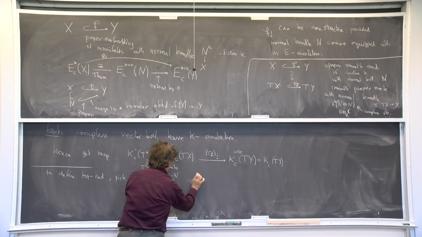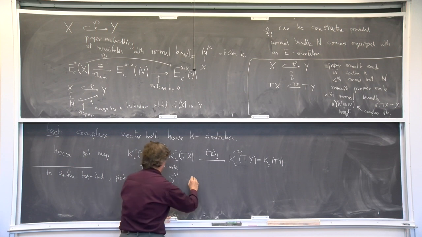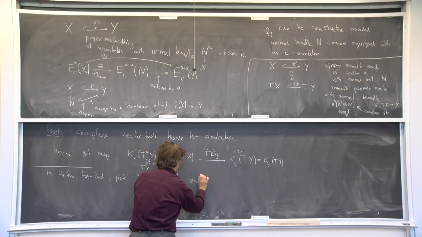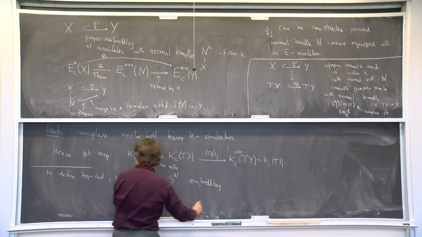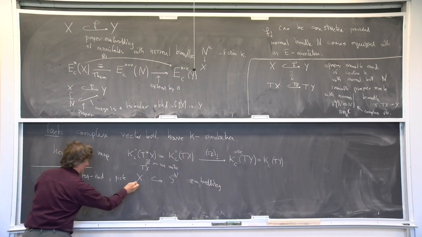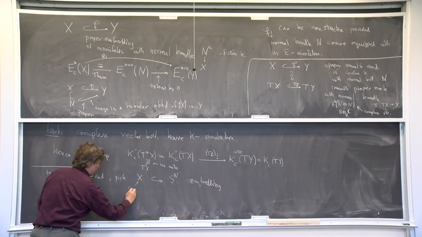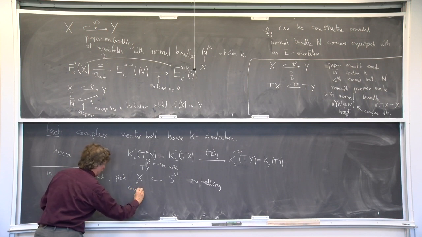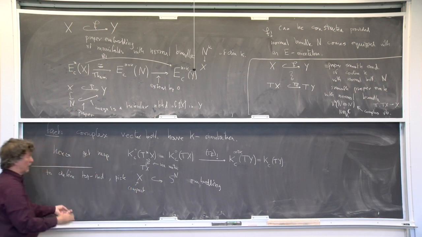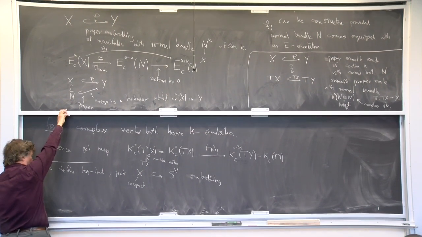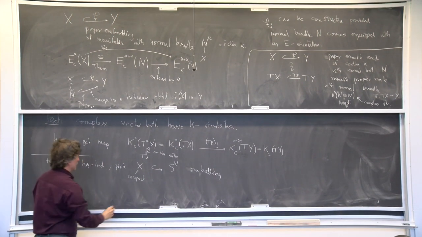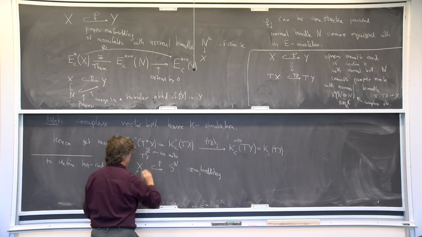And I'm assuming now that X is compact, so it's automatically a proper embedding. That's my embedding F here.